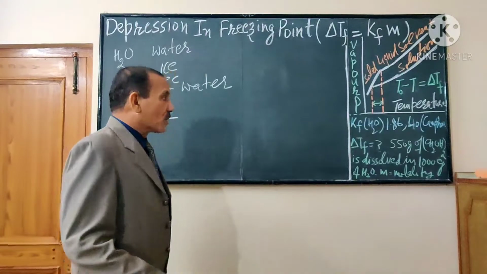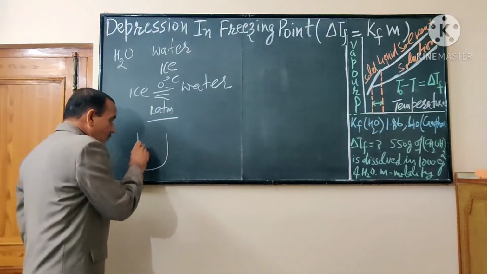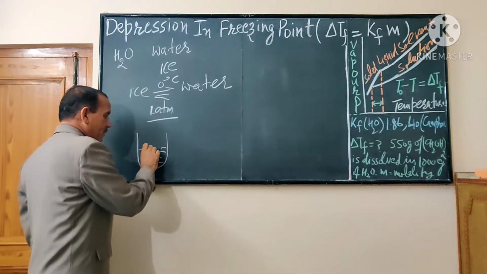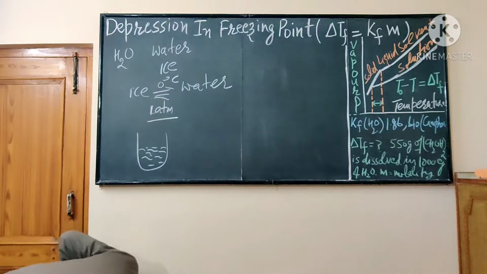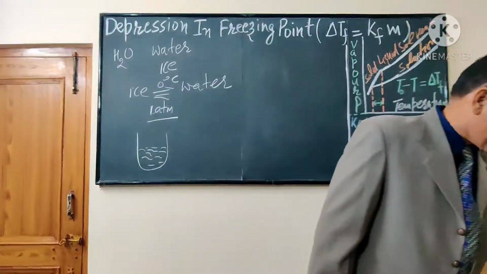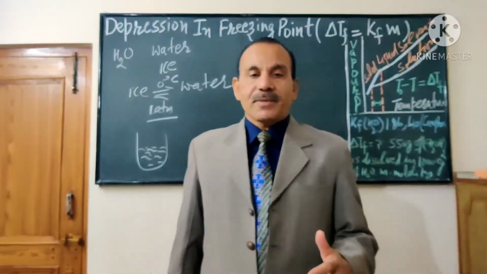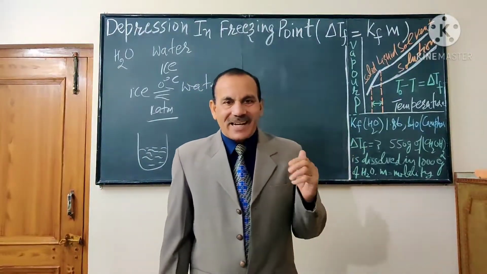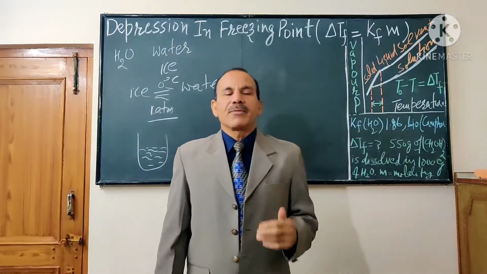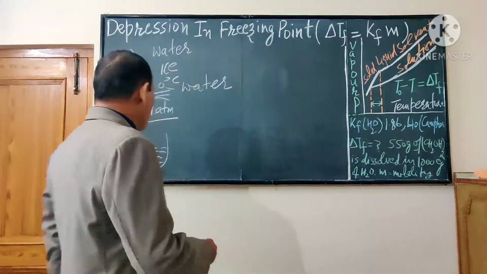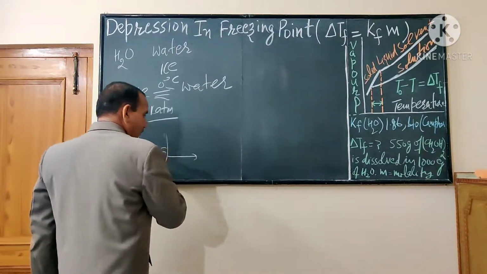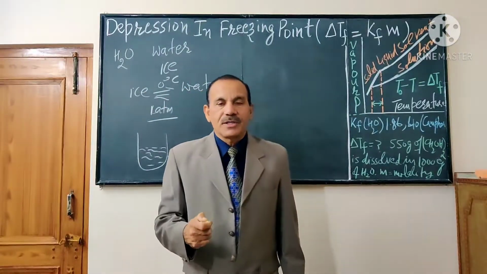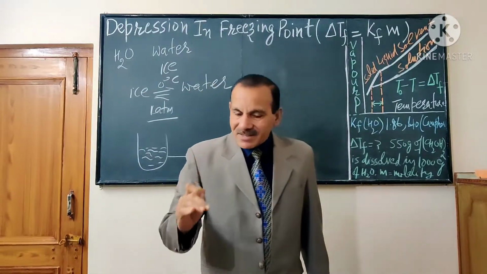So what is there in water? The H2O molecules are present randomly. There is very little order between H2O molecules in the liquid state. When we decrease the temperature, the molecules come closer and their randomness decreases.